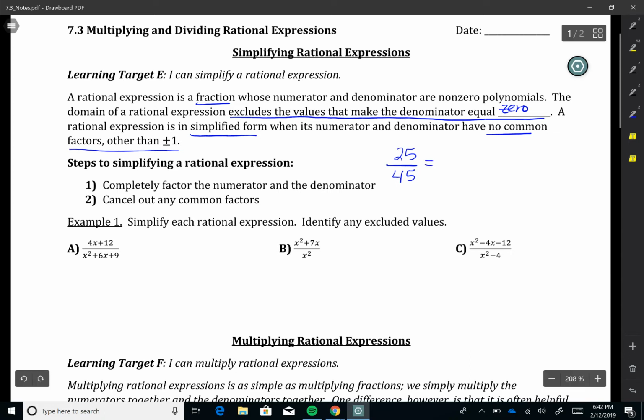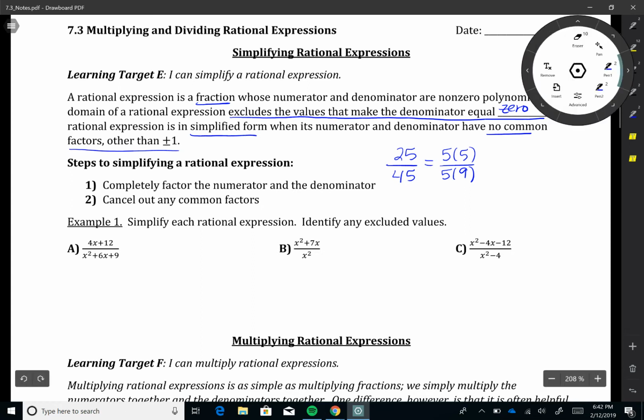So I could rewrite this fraction as 5 times 5 over 5 times 9. This allows us to cancel out the two 5s that these two numbers have in common as factors, and then 5 over 9 is the simplified version. So 25/45 is actually 5/9 in simplified form.